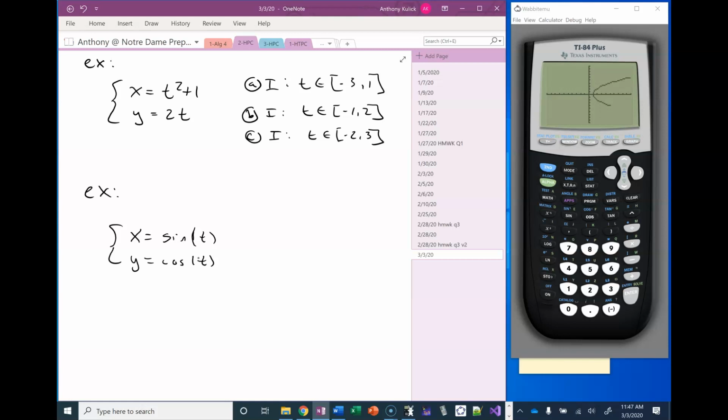So the interval is going to be the values of t that we need to consider, right? What function is operating on t? Sine and cosine, right? What do I know about sine and cosine? We know a lot, right? We spent an entire semester talking about trigonometry, so we should feel very comfortable about dealing with sine and cosine.